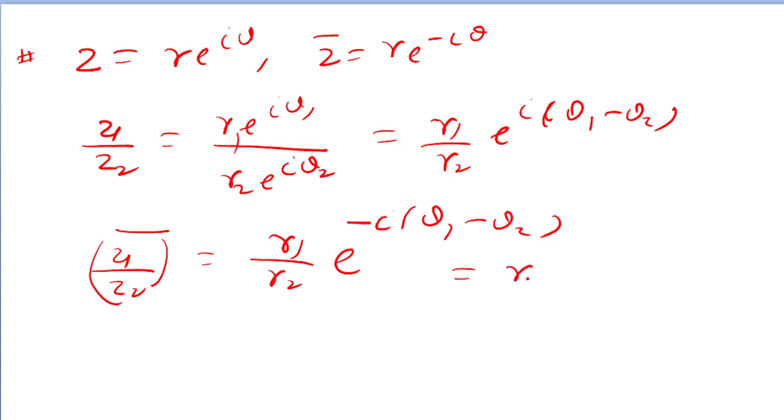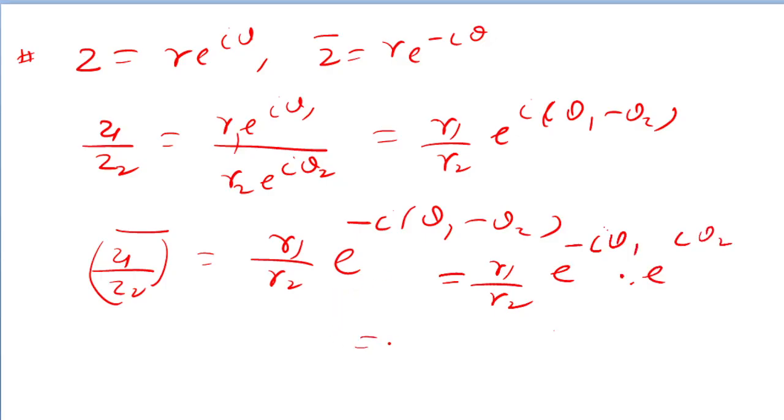We can write it like this: r1 upon r2 e to the power i theta 1 into e to the power minus i theta 2.